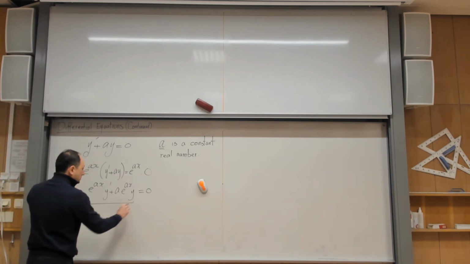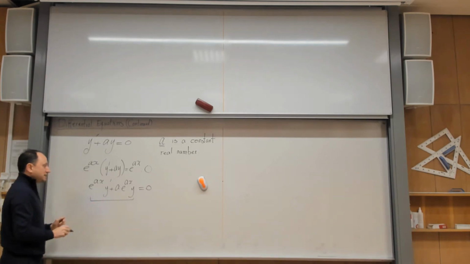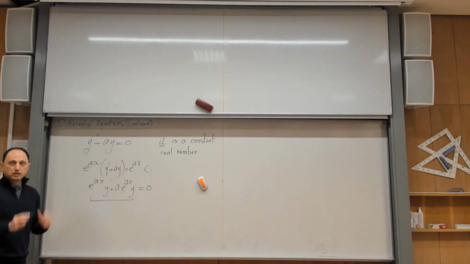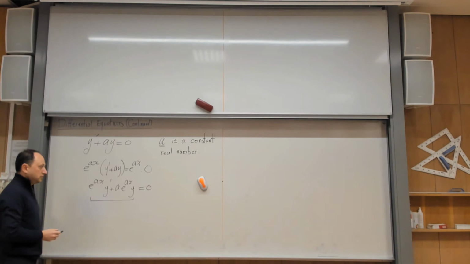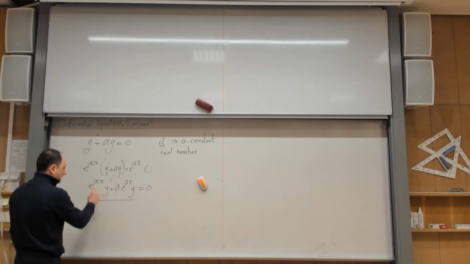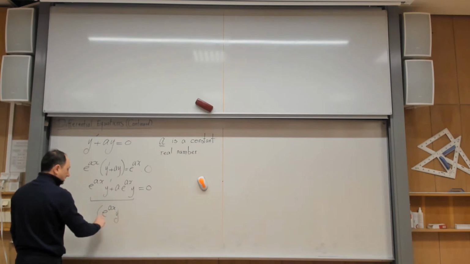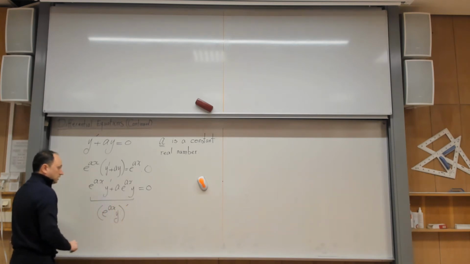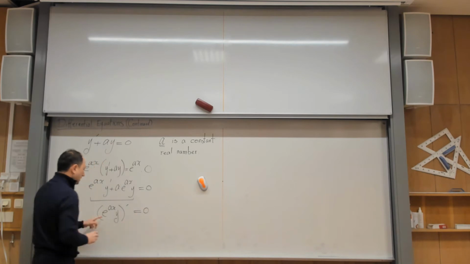If you look closer, you can write this as a derivative of one single function if you use the product rule, yes? So I can immediately write this as e to the power of ax times y, and then totally prime, which is equal to 0. Why is that?